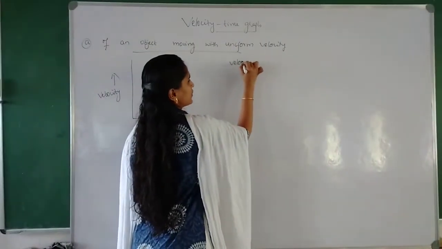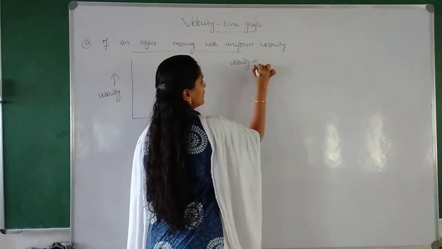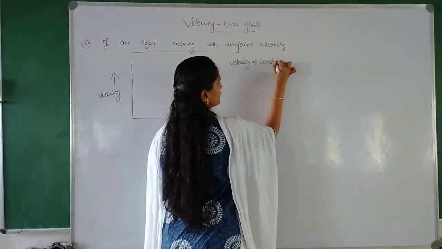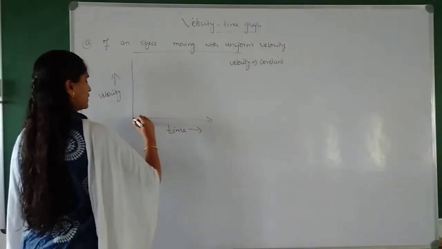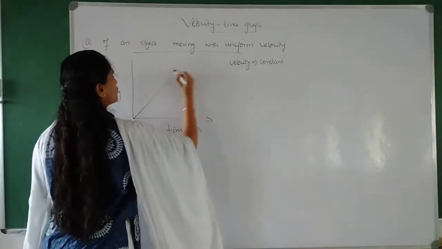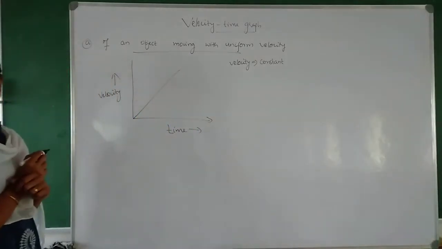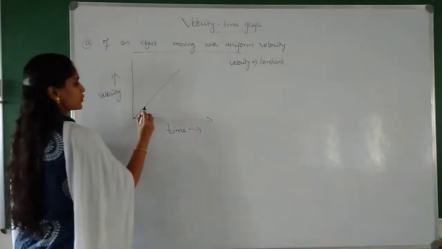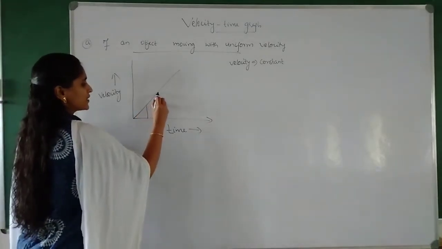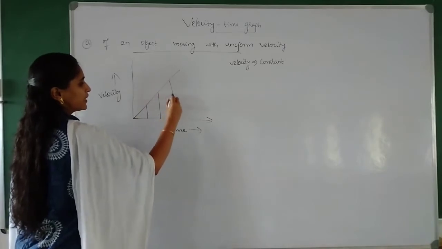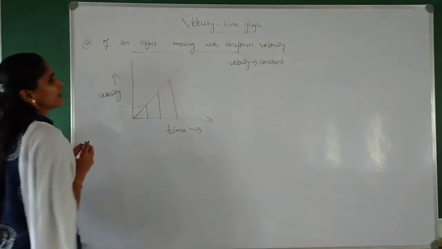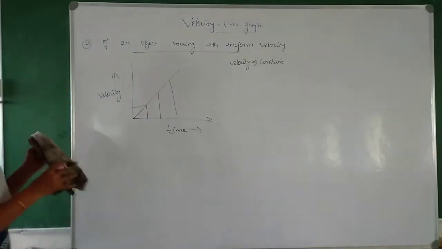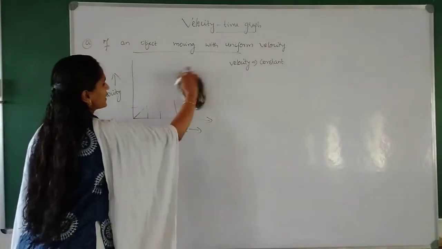Uniform velocity means velocity is constant. Here we are dealing with an object moving with uniform velocity, so velocity is constant.